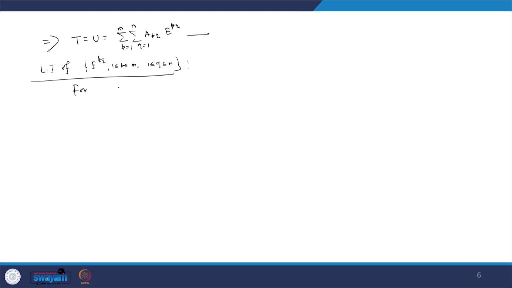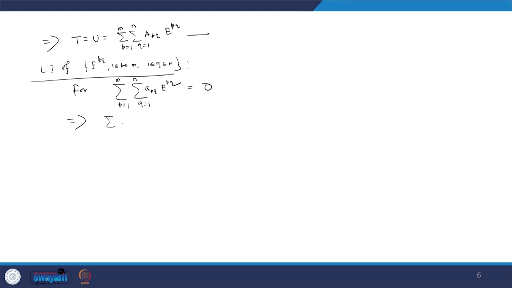Now, for any linear combination, the sum over p equal to 1 to m and q equal to 1 to n of a_pq E_pq, suppose this is equal to 0. If I do it, this means it is the zero linear transformation.